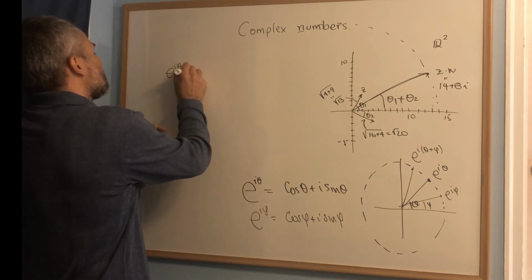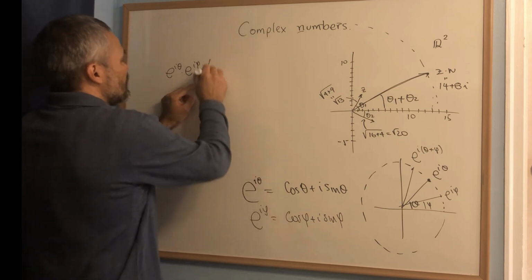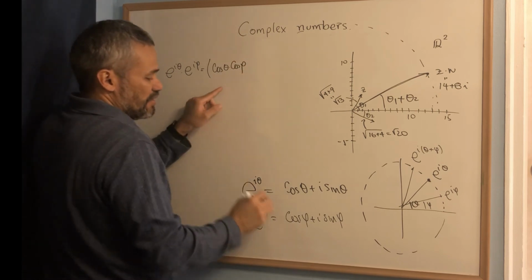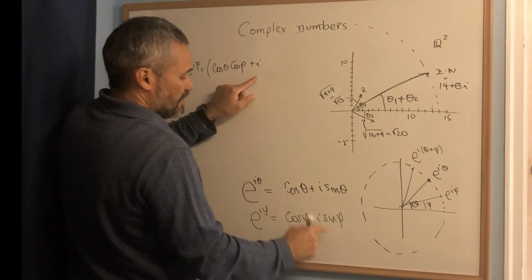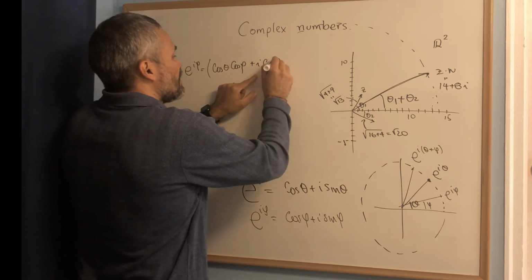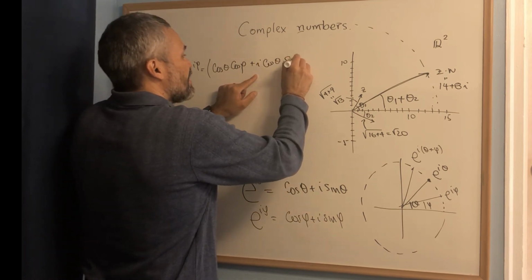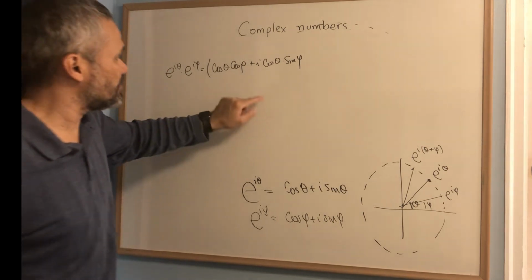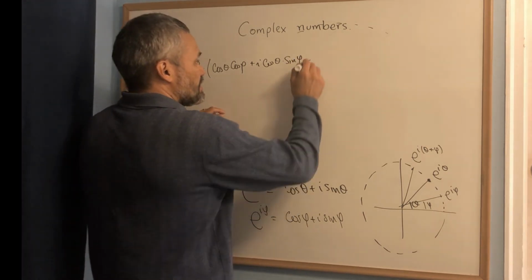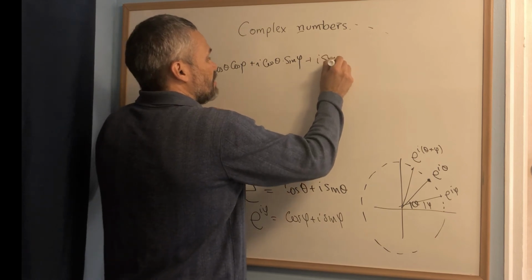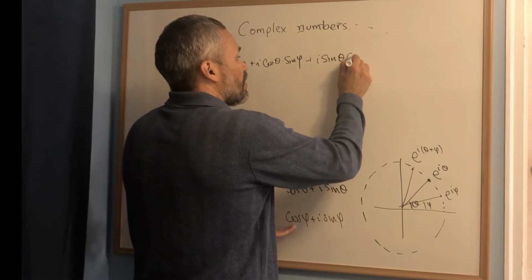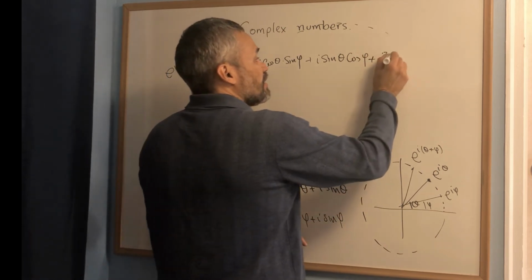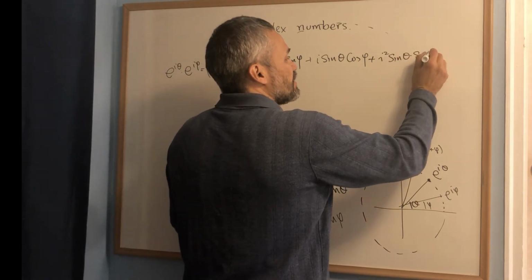e to the i theta times e to the i phi is equal to, when I multiply these two, I get cosine of theta times cosine of phi, plus i cosine of theta times sine of phi, plus i sine of theta cosine of phi, and then plus i squared sine of theta sine of phi.